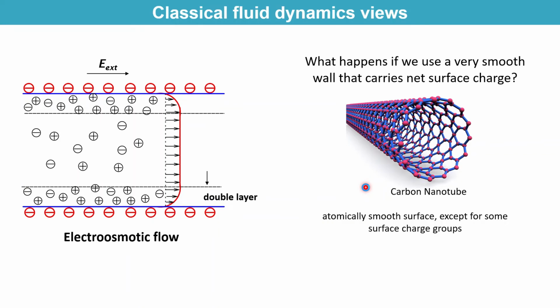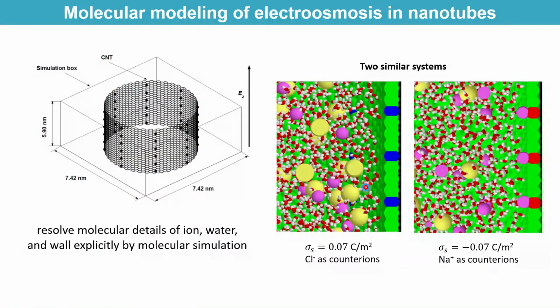So what we could do is build a molecular model for this problem. Shown on the left is a model that we built for the carbon nanotube. We have a nanotube about 5 nanometers in diameter, and we put discrete charges on the surface. This way we generate a charged carbon nanotube.